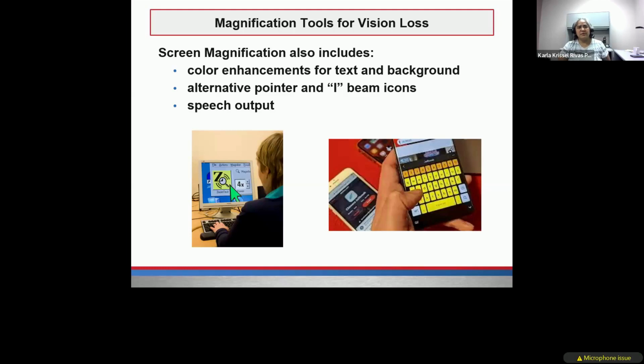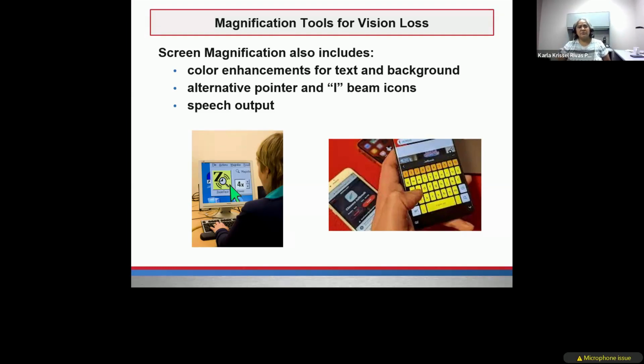Some people will see better light letters on a dark background, or some people may have better luck with a combination of color contrast, like yellow on blue or orange on black, things like that. So when that's the situation, you have to consider that as part of the low vision settings that you need to change.